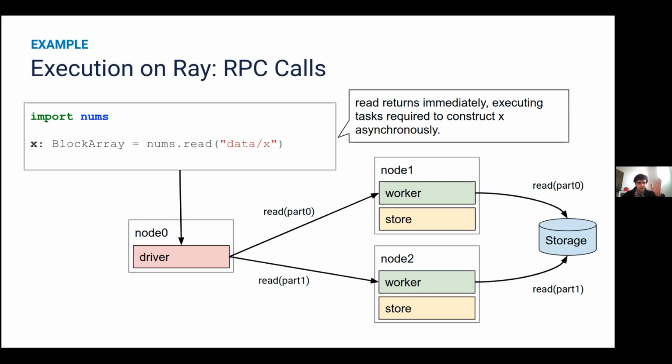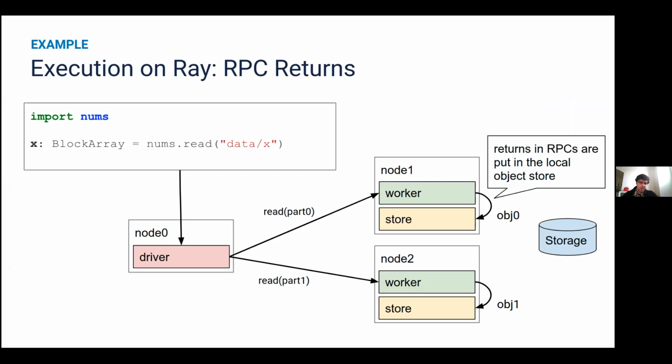All right, so the execution on Ray is carried out as follows. We have this very basic NumS application, and essentially a procedure that distributes read requests to workers. The workers perform the read requests on behalf of the driver by querying a storage system, and the storage system responds with the data.